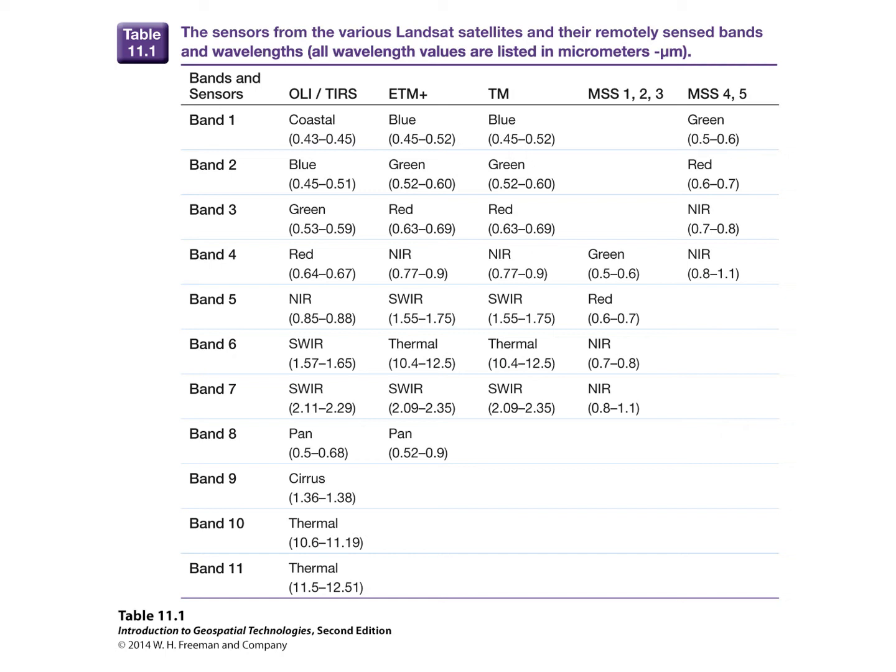Then you have a blue, 0.45 to 0.51, a green, 0.53 to 0.59, a red, 0.64 to 0.67, a near infrared, 0.85 to 0.88, a shortwave infrared, 1.57 to 1.65, a second shortwave infrared. Then you have a panchromatic, which is everything from 0.5 to 0.68. You have a cirrus, 1.36 to 1.38. You have a thermal band, which is even further up, 10.6 to 11.9, and a second thermal band.